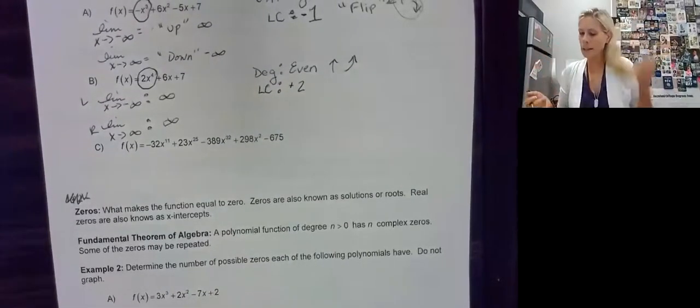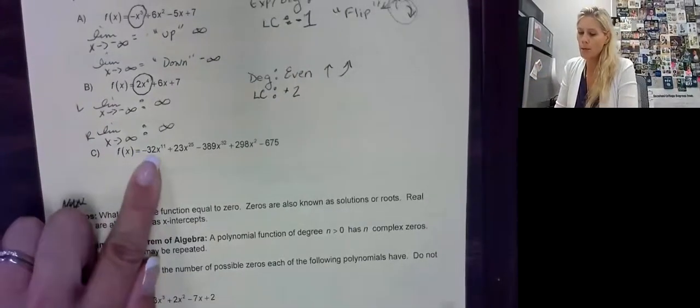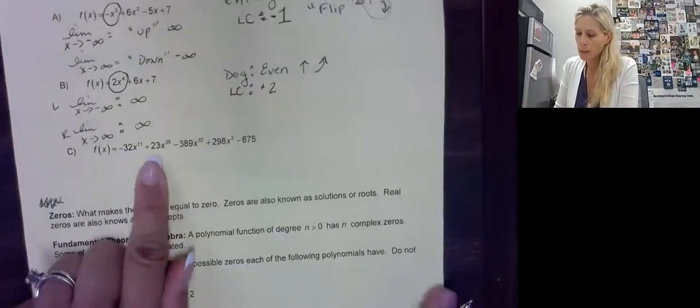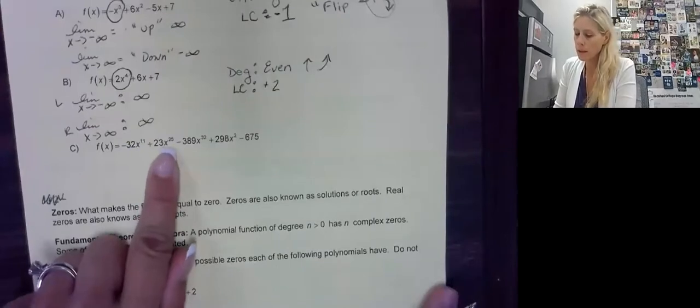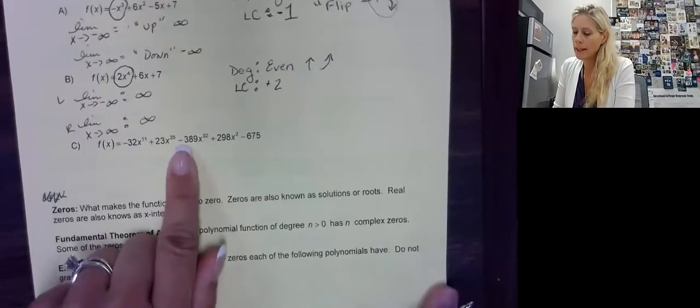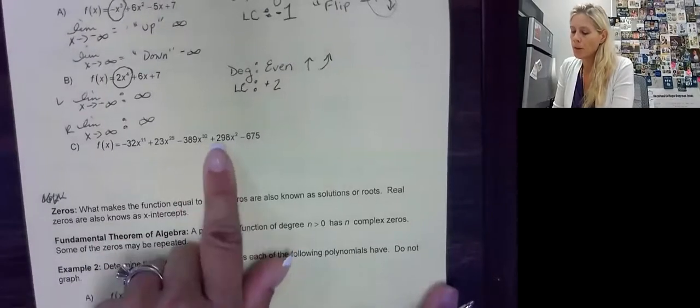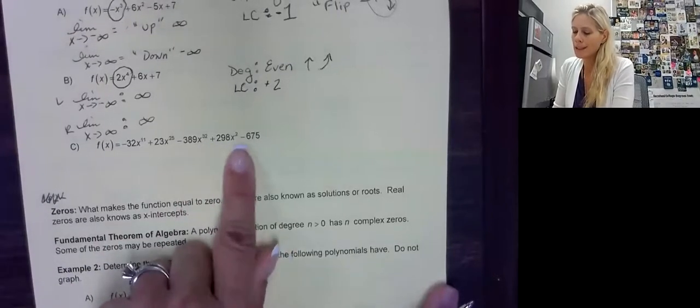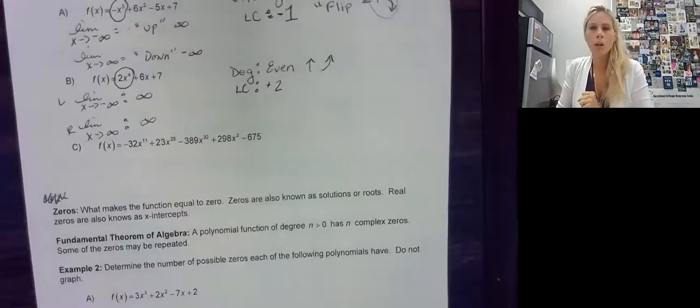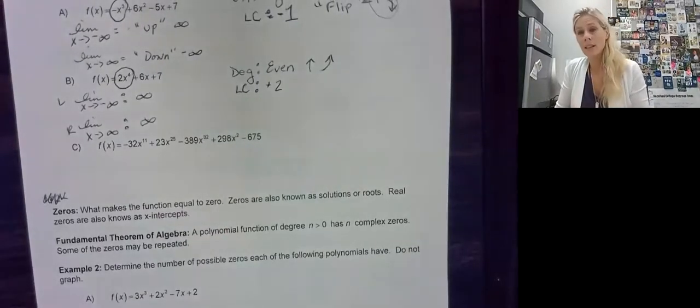f of x equals negative 32x to the 11th plus 23x to the 25th minus 389x to the 32nd plus 298x squared minus 675. What's wrong? It's not in standard form.